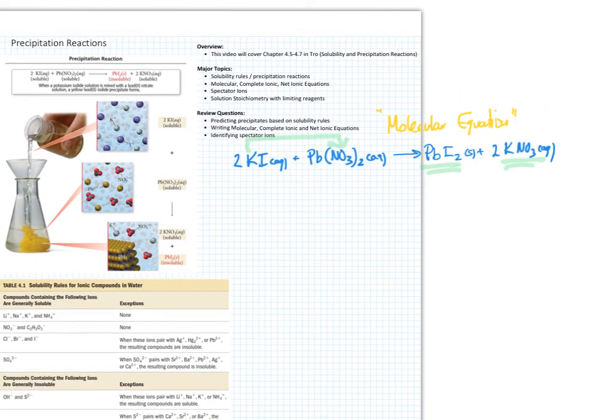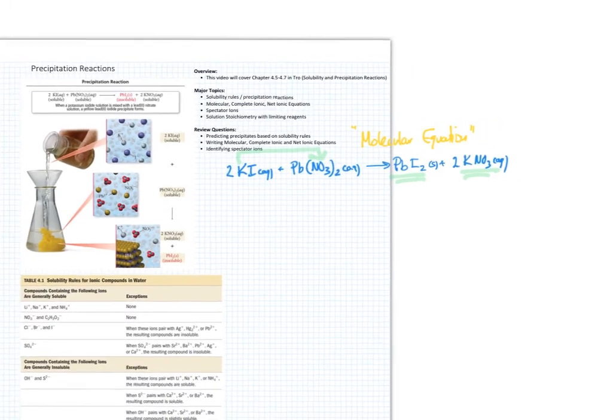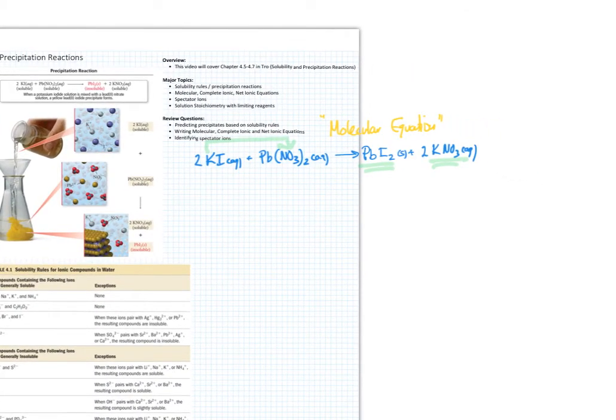Today we're going to talk about two other ways to express this, and they have different reasons for writing these different ways. So let's take this molecular equation and break it down. The important thing to recognize is whenever you see an aq, that really means it's a solution of these ions. They're not actually attached together.